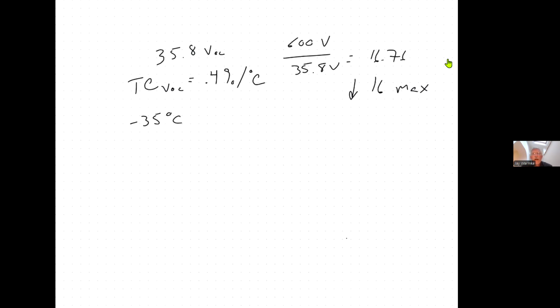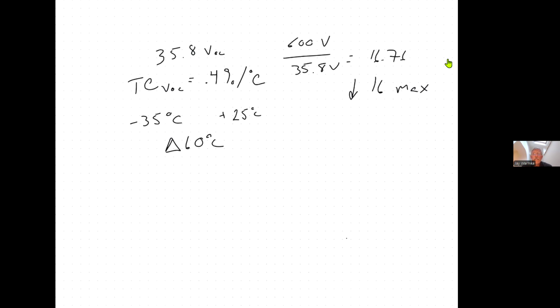So minus 35, well, what's the difference? What's the delta between minus 35 and plus 25? Well, 35 and 25 is going to give us a delta of 60 degrees Celsius. So there's 60 degrees less.